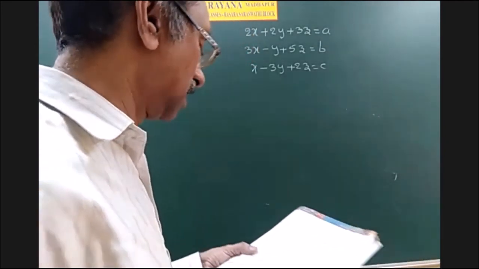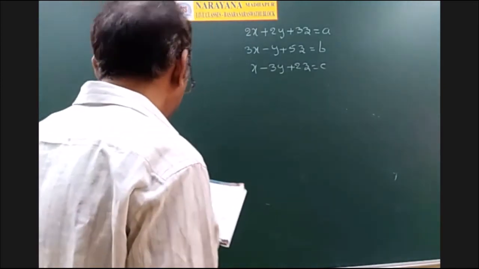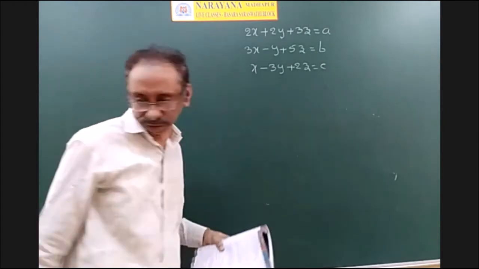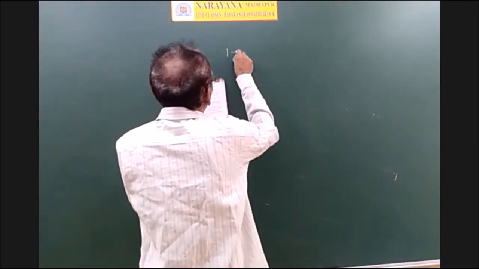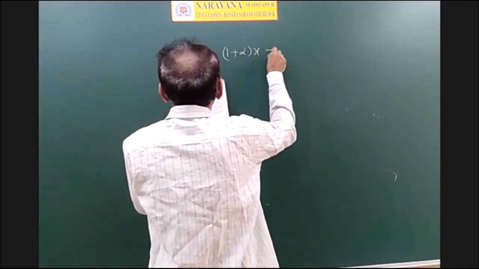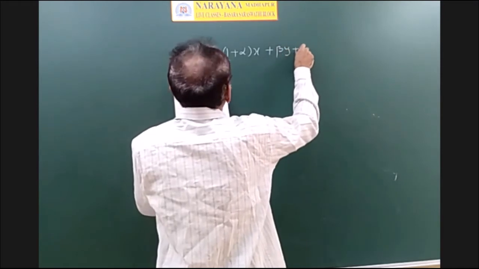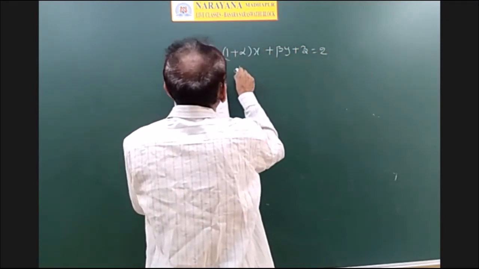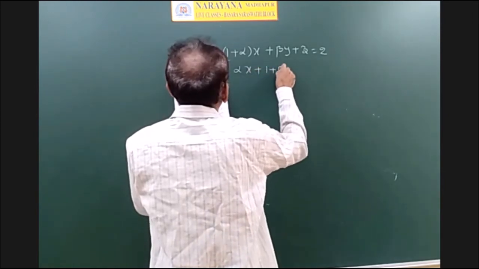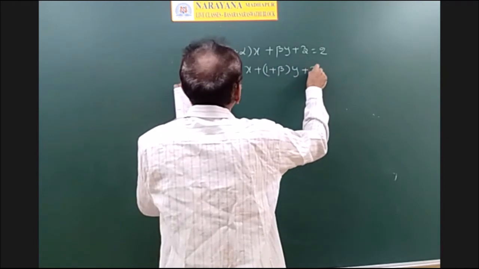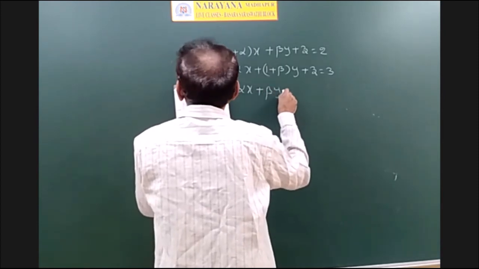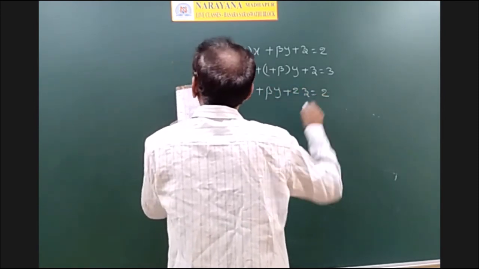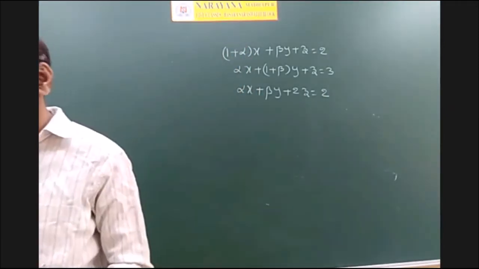An ordered pair alpha, beta for which the system of linear equations (1 plus alpha)x plus beta y plus z equals 2, alpha x plus (1 plus beta)y plus z equals 3, alpha x plus beta y plus 2z equals 2 has a unique solution.